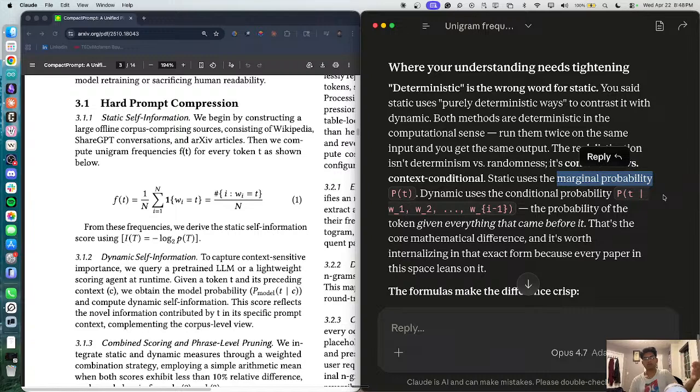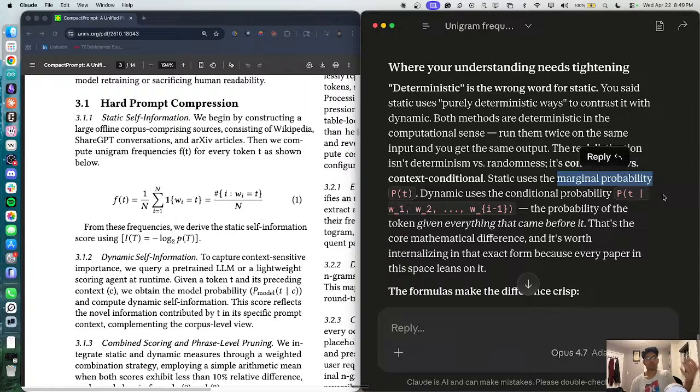And essentially what it does is score tokens based off of how informative they are to the actual corpus of text that they're in, right? And you could use either static self-information or dynamic self-information.